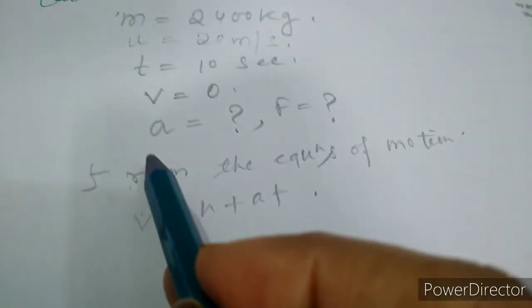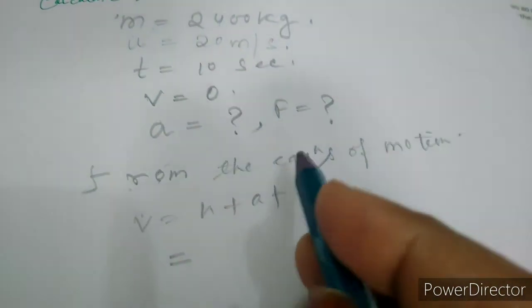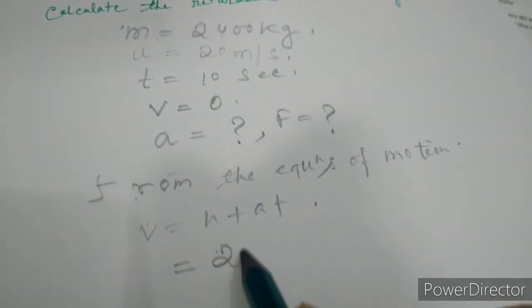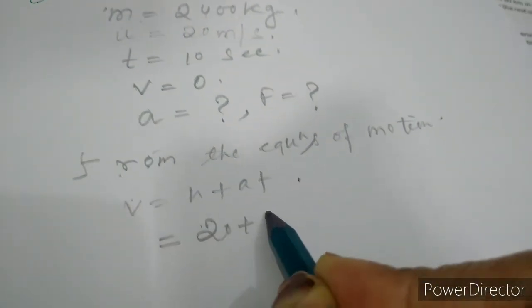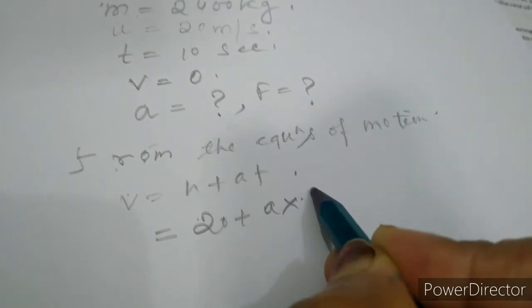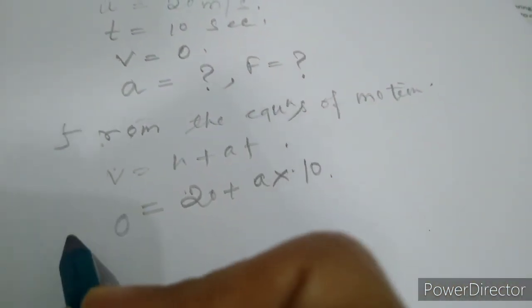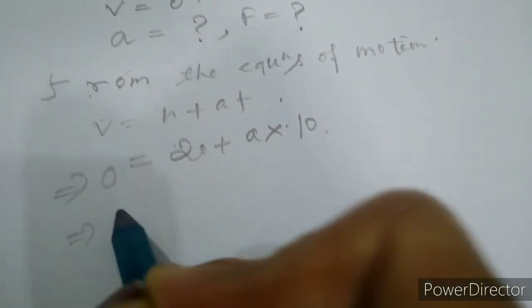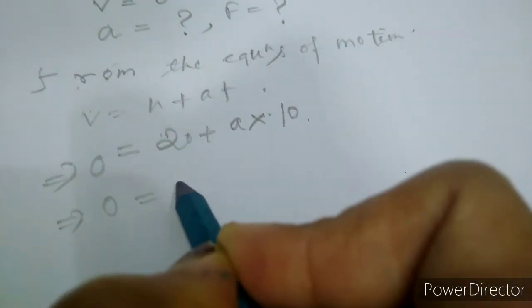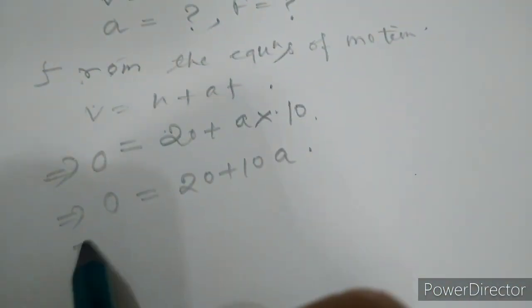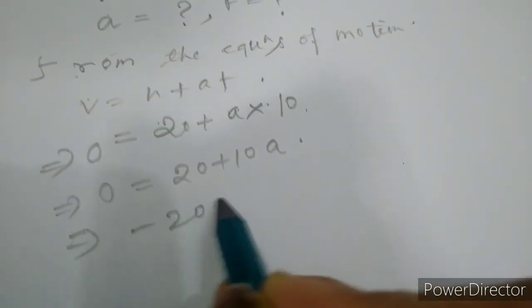Because your aim is to find A and F. So U that is known by you, that is 20 meter per second, and A that you don't know. So A and T, in case of T you will write 10 and V you know 0. So here you will put this way. So it will be 0 equals 20 plus 10 A. So you can find that minus 20 is equals to 10 A.